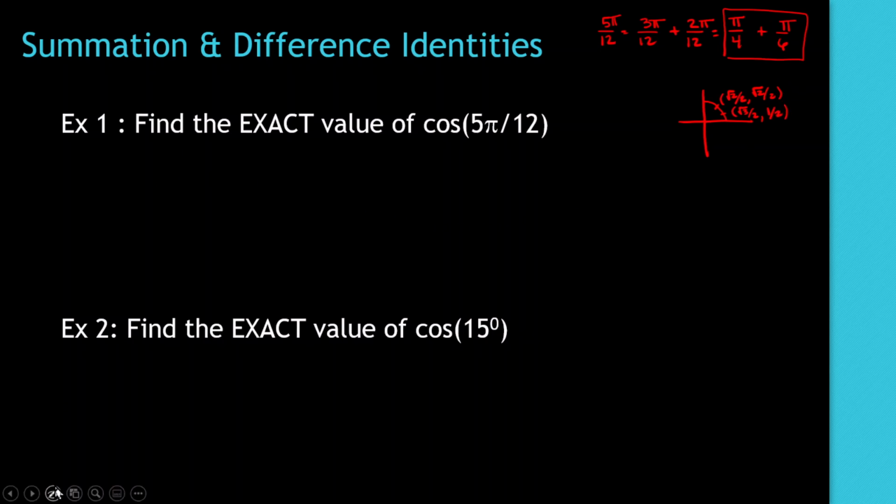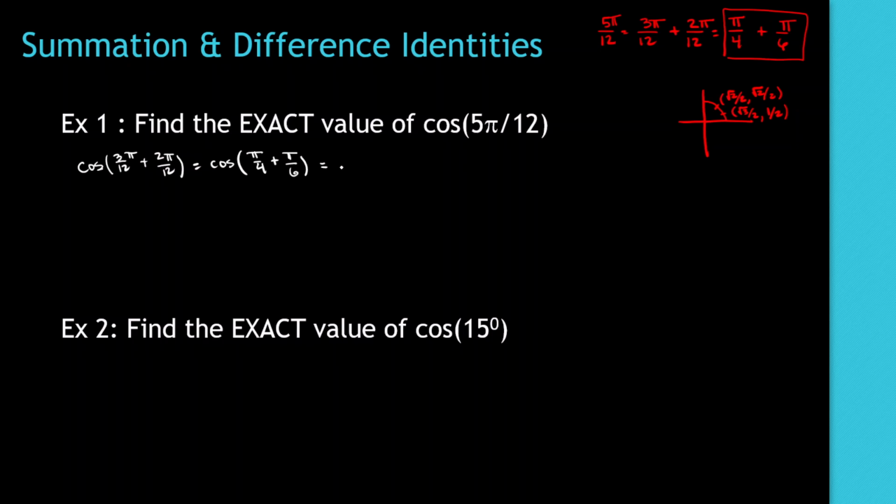Now we're going to use our identity. We're going to write this as cosine of 3/12 plus 2/12. That makes 5. And so that's going to equal the cosine of pi fourths plus pi sixths.